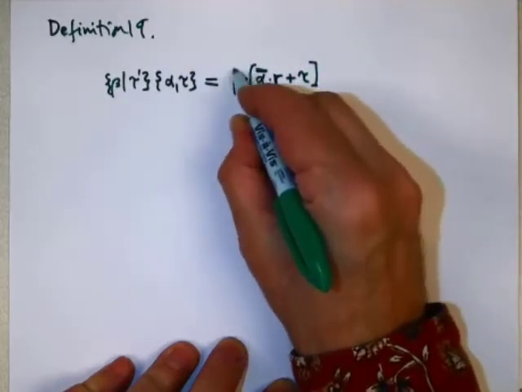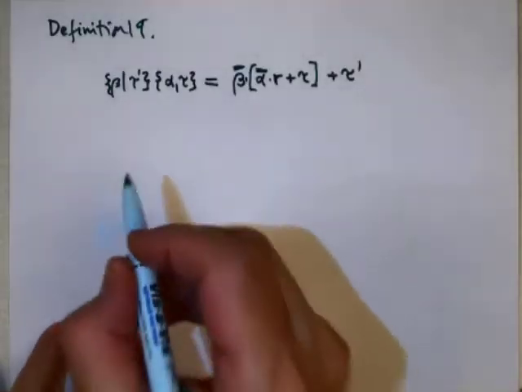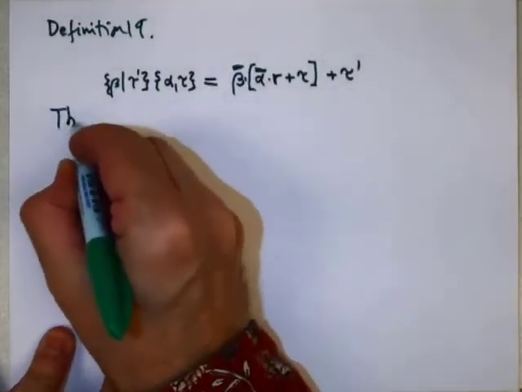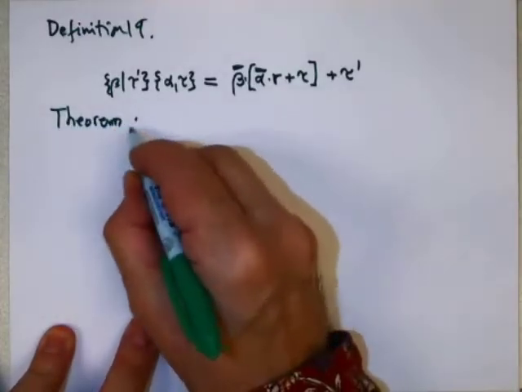You rotate it by beta and translate by the second translation. So that's the group operation. Theorem.